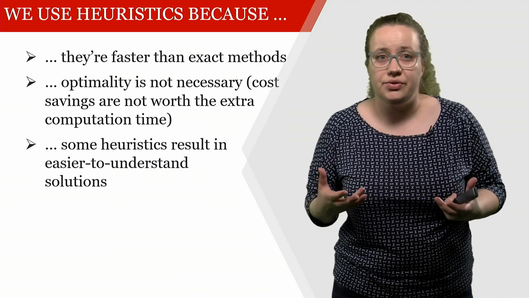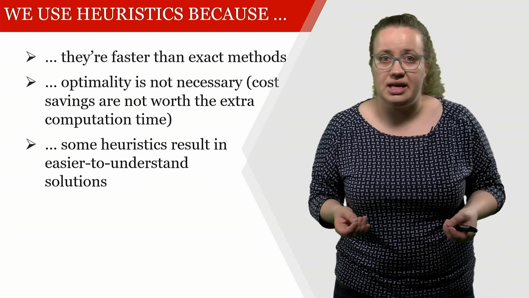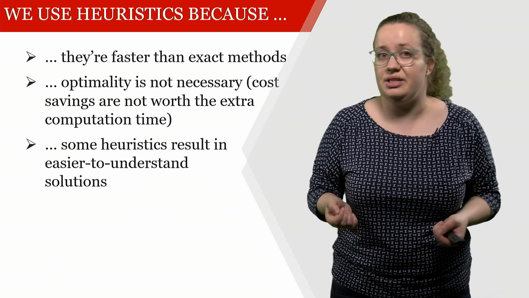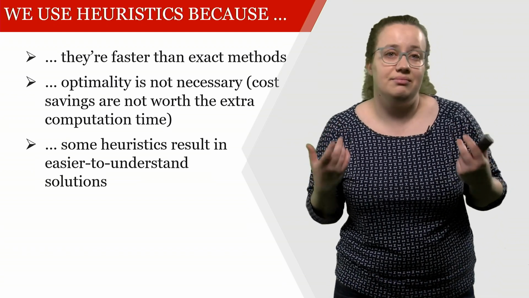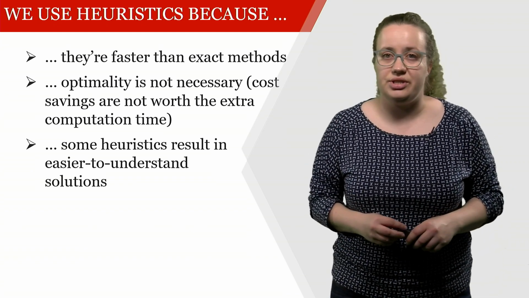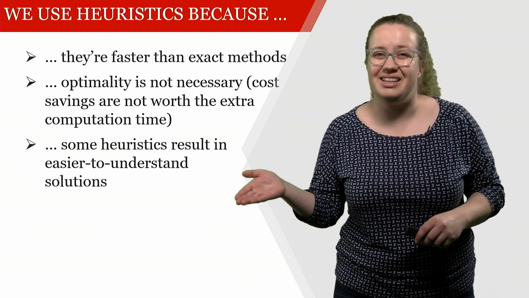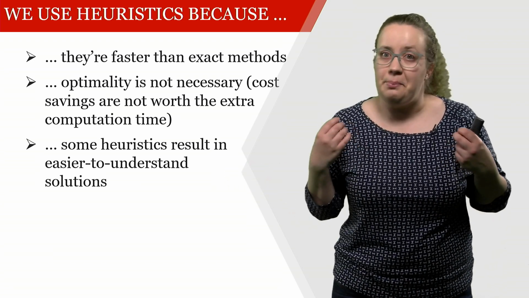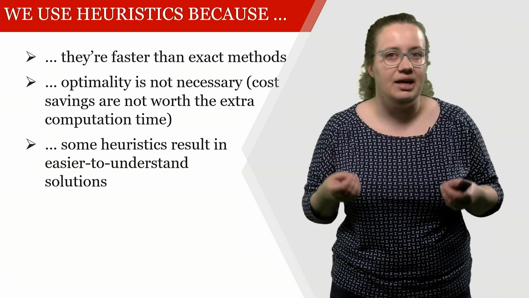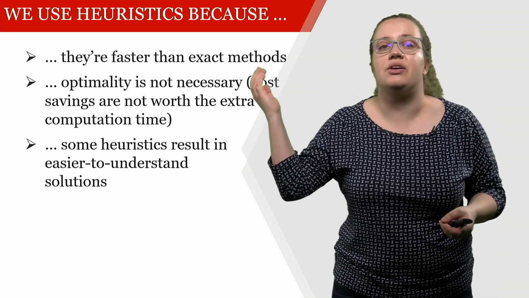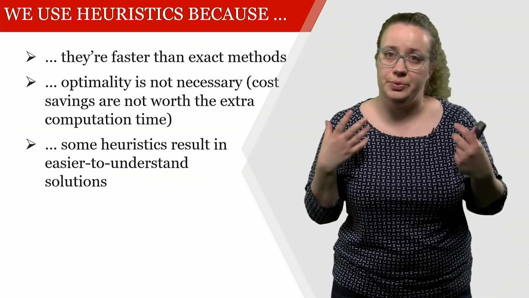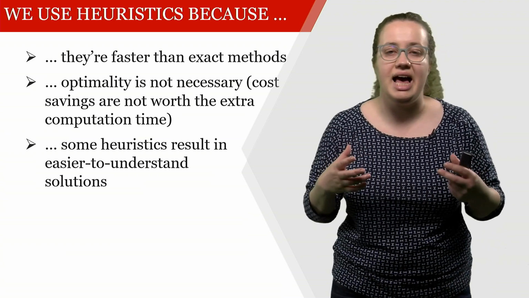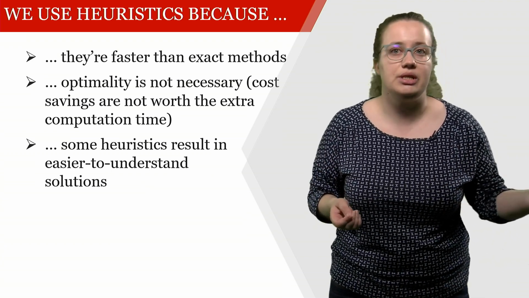We're using heuristics because they're faster than exact methods, optimality is not necessary, and some heuristics result in easier to understand solutions. I would say in this case, this is not actually true, but the main reason in case of k-means clustering is that they're a lot faster, because due to the quadratic objective, we don't actually have the option to just throw it into Gurobi.